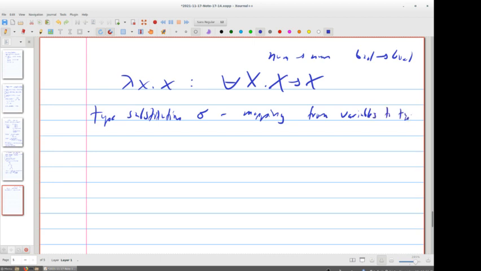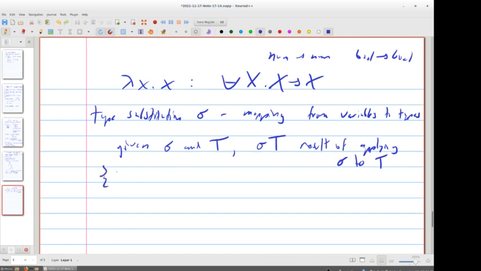Okay, and given some type substitution sigma and a type t, we'll write sigma t as the result of applying the substitution sigma to t. Okay, so if sigma is a mapping, what would be an example of a type substitution?